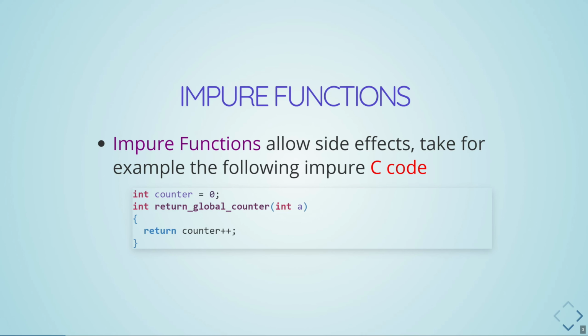Inside of this function, we alter the value of the global variable. That's what the plus plus does: it sets counter equals counter plus 1, and then returns that value. The thing here is that every time we call this function with some value for its input, it's going to return a different output.